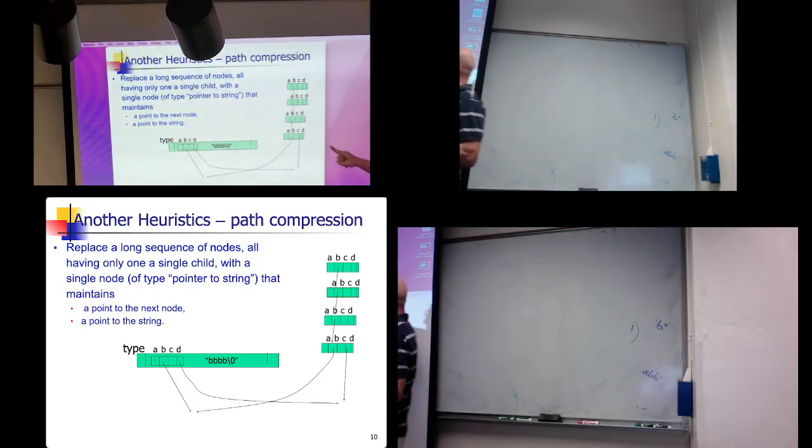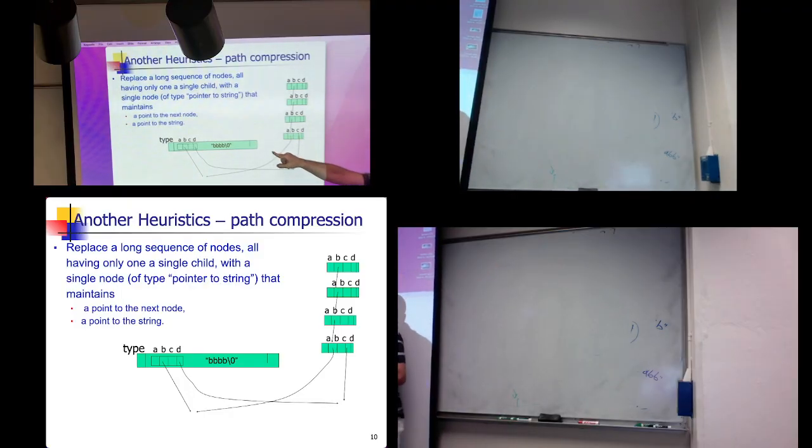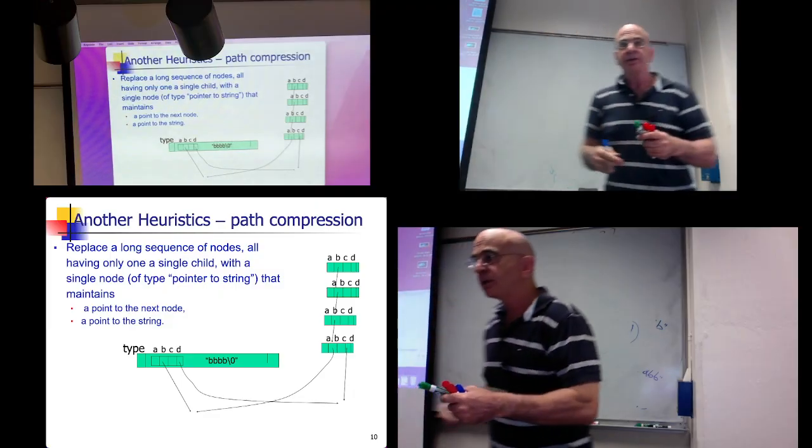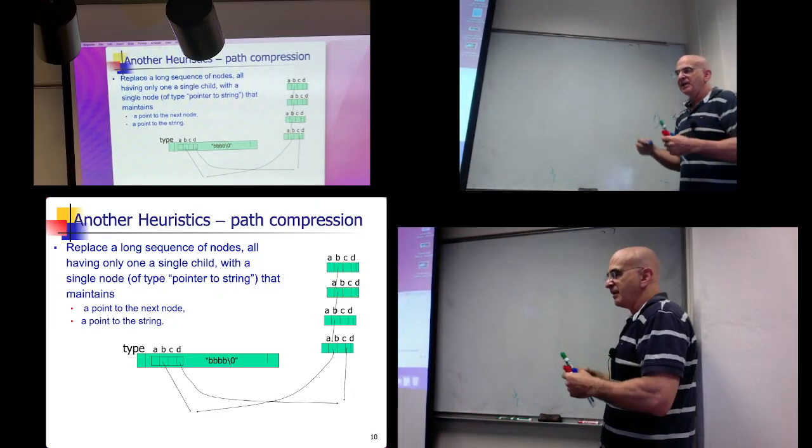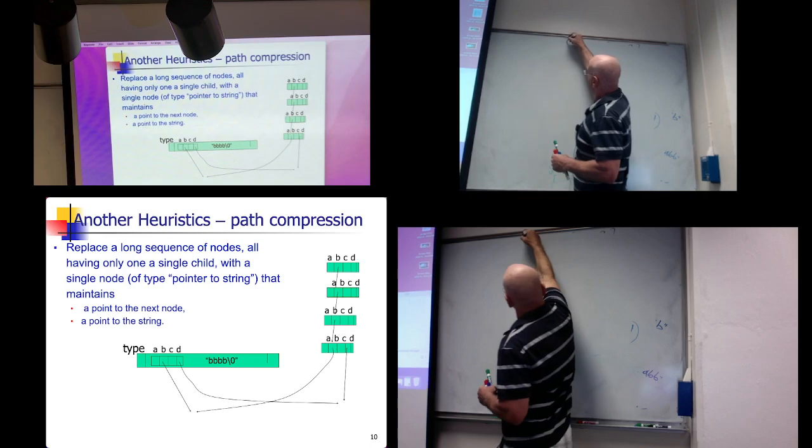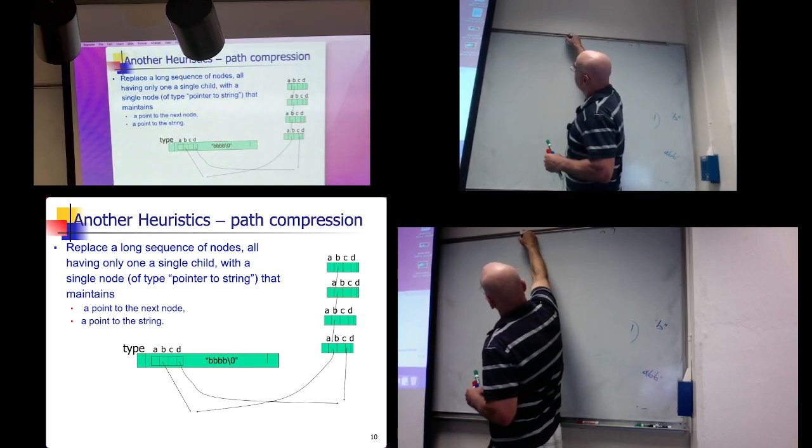It could be that this node was already a leaf, and then it doesn't have any children. But it could be that my tree has a few paths on the same path that I need to compress.